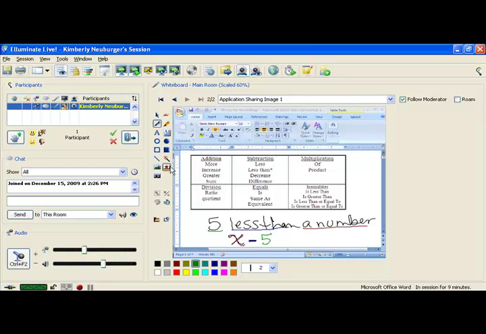Notice that in the sentence that we wrote in mathematical terms the x is first, yet in the English sentence the x, or the words a number, were second. When you have less than, the order that you see the things in the sentence reverses, and they're in the opposite order from how they're written in the sentence.